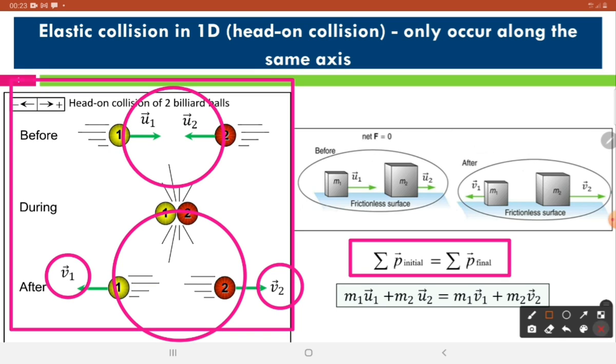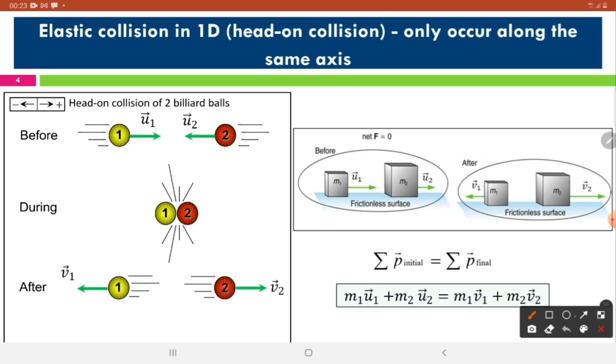Or we can expand this formula, which is M1 U1 plus M2 U2 is equal to M1 V1 plus M2 V2. Take note also, when you're using this equation, don't forget to consider the sign convention for the motion.